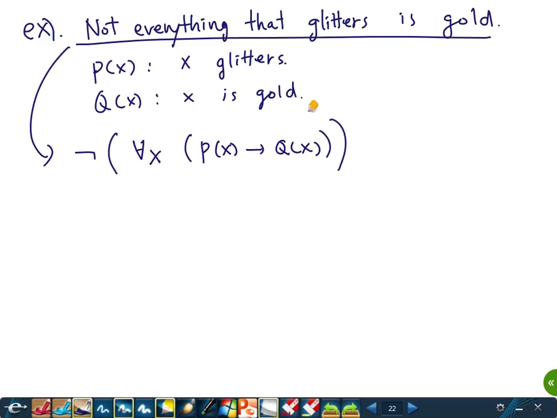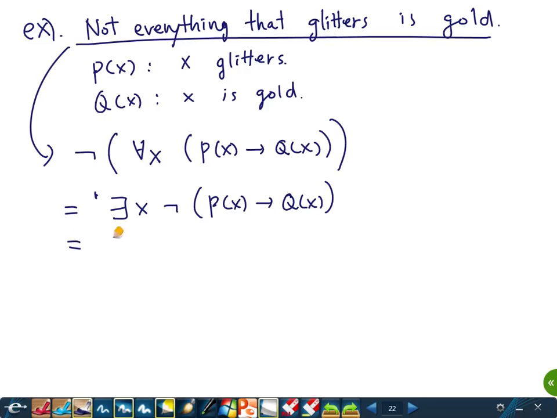There is another way to write this using the theorem that we just learned. We can move the negation inside, so for all is changed to there exists, and not of this.